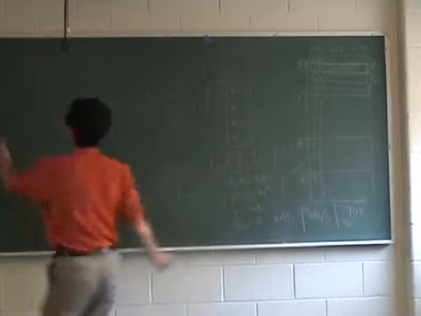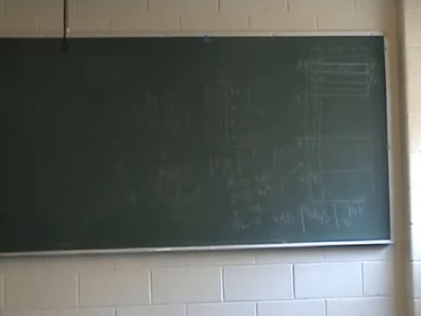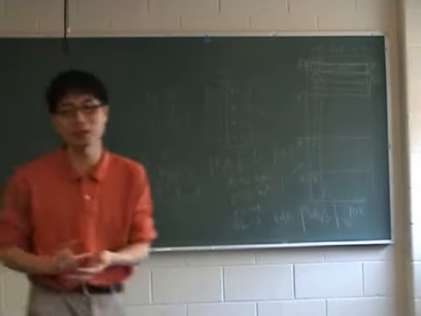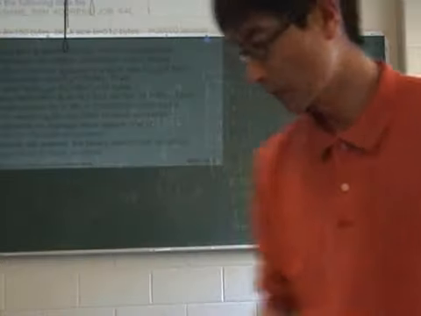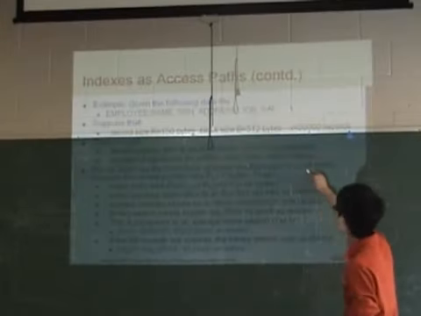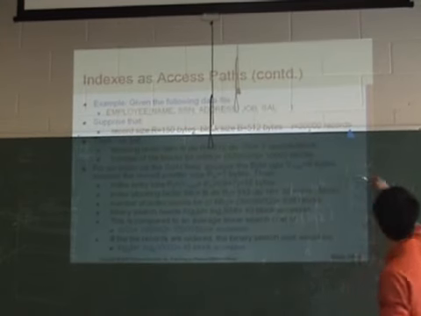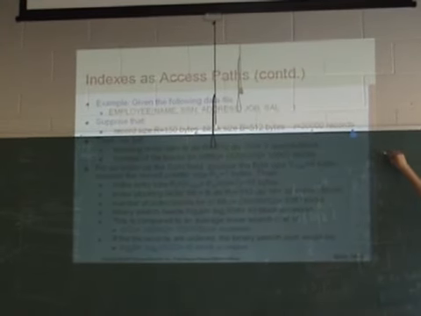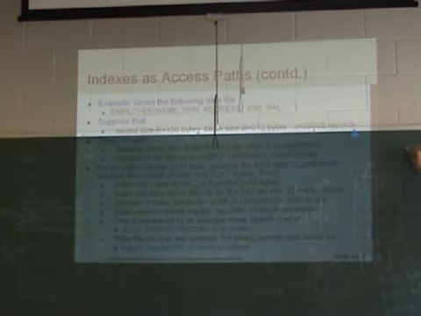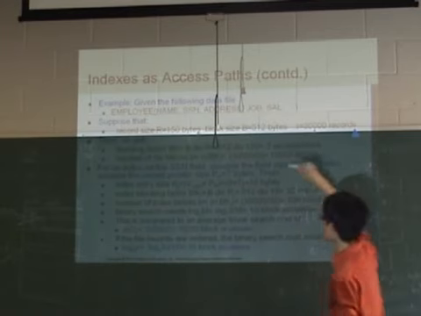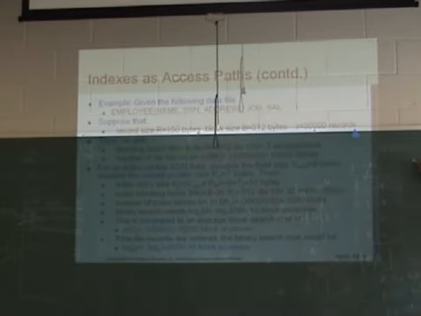Then, why don't we use an index? We need more information about the index. So the index field size is 9 bytes, and the address size is 7 bytes. So a total of 16 bytes for an index key entry.